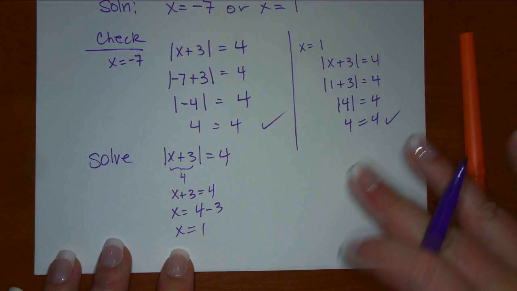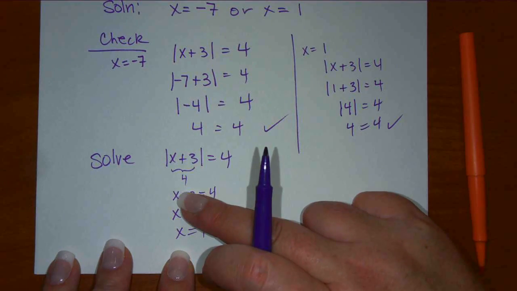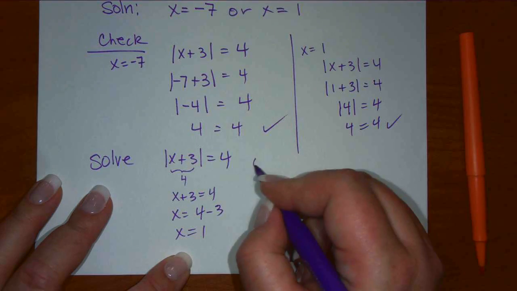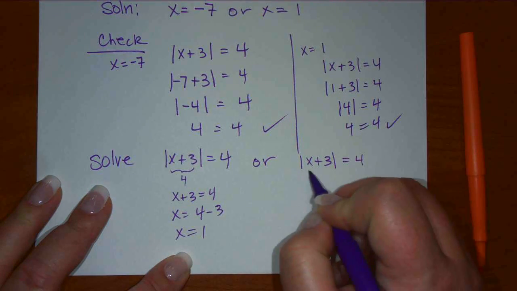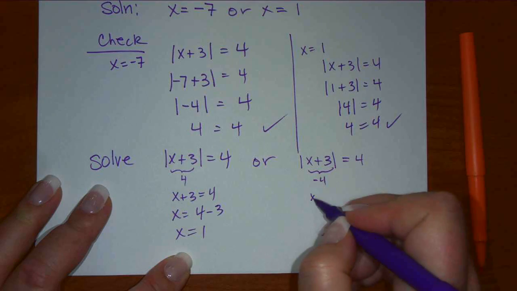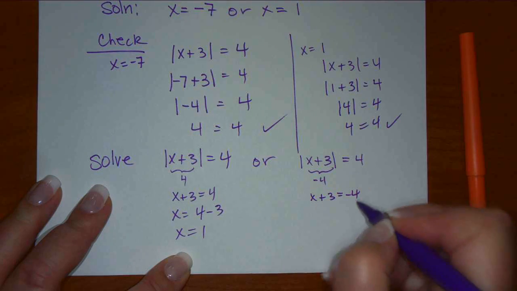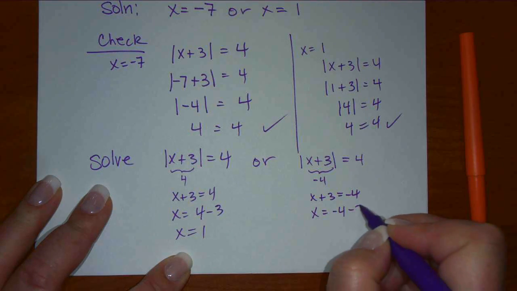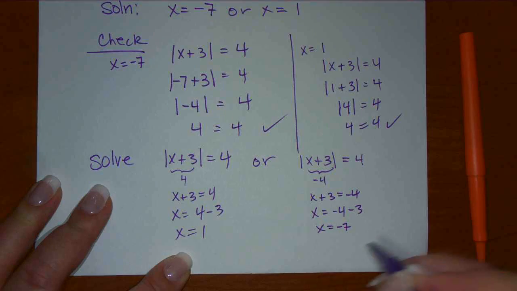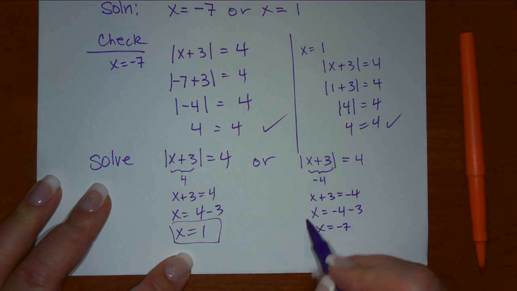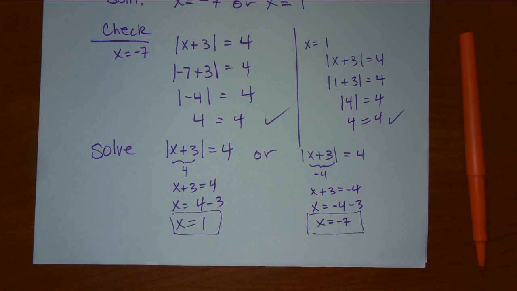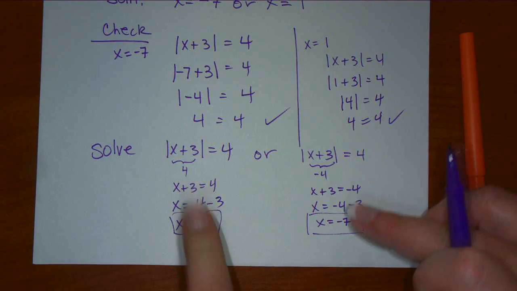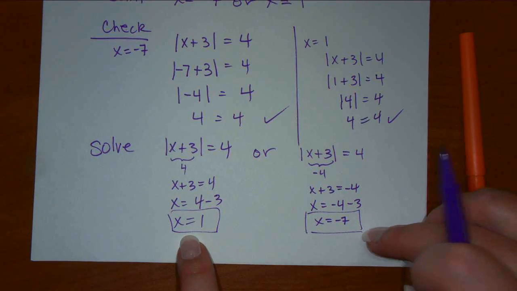The inside of the bracket could also be negative 4, so we would say x plus 3 equals negative 4, and we would get negative 7. So we can get the two answers by just saying the inside has to be either positive 4 or negative 4, solve those two equations and we get it without finding the center.